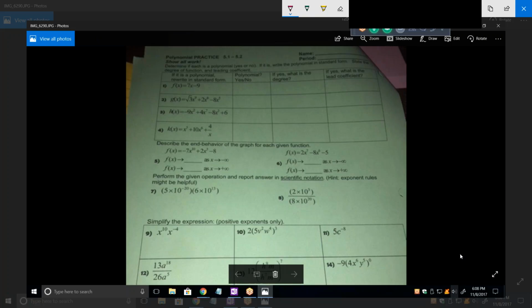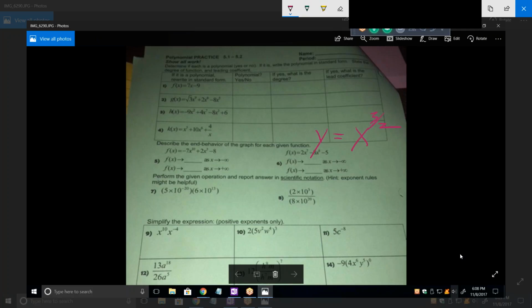Number 4, is that a polynomial? No, it's not. Remember what a polynomial needs. It needs all of the x's to be in the numerator, first of all, and they all have to have positive integer exponents. So if I had a function like this, that's not a polynomial.